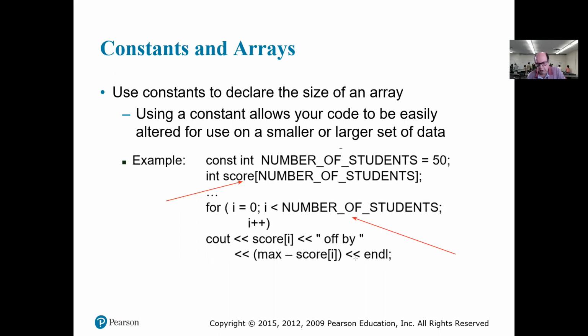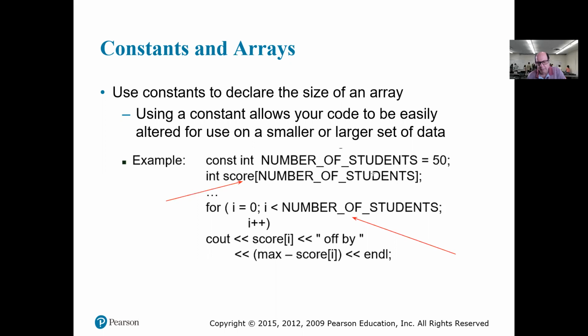Now, if I come in and I have more than 50 students, the best thing about this global constant is I just come in and change this 50 to 60, and I don't have to do anything else to run the program. And in the future, you will learn about the header file. Actually, the user himself or herself can change the number. We don't have to change it inside the code.